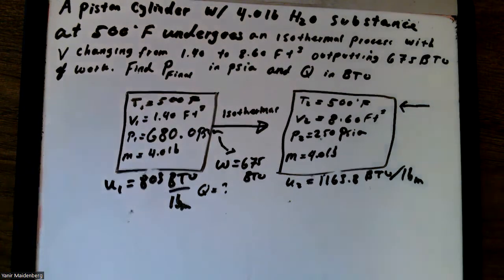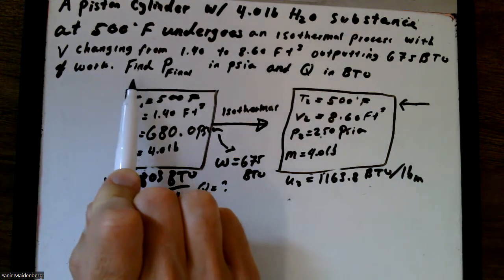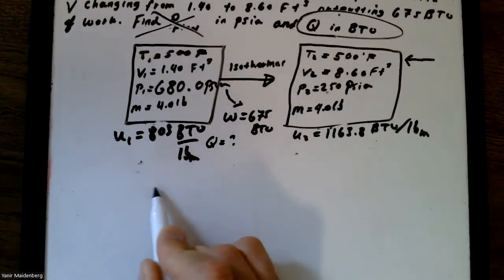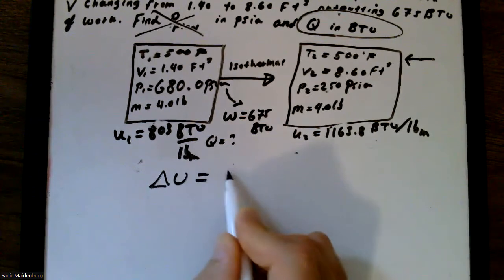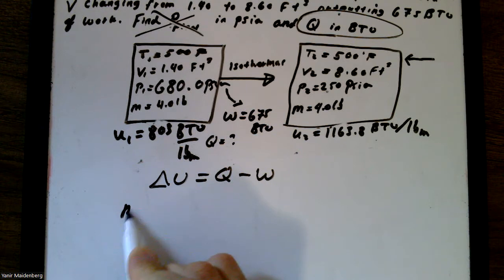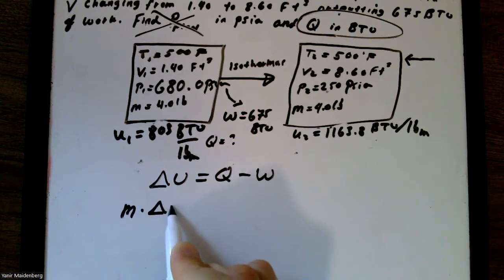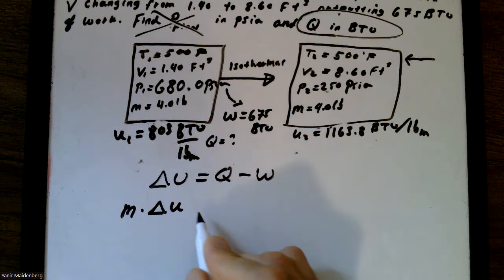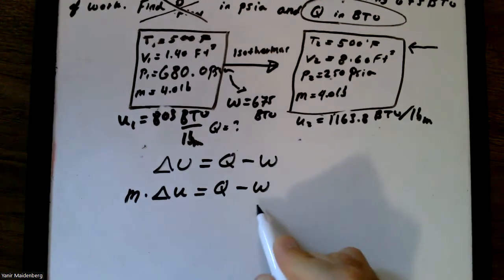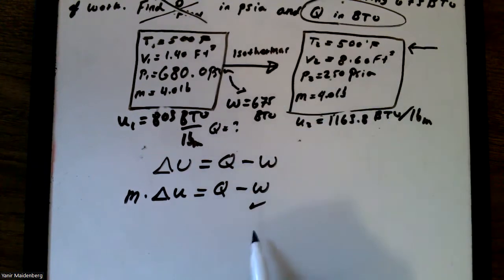Looking at the question, find P final, we found it, good. Now what we've got to do is find Q. Again, to remind you, delta U is Q minus W. Big U is little u times mass, so this is the same as mass times delta u equal to Q minus W. We have W, it's 675.